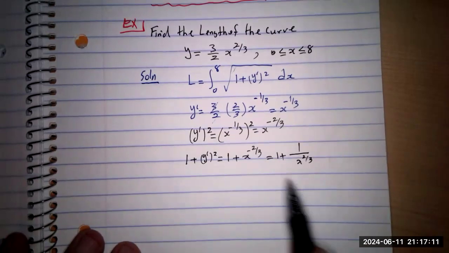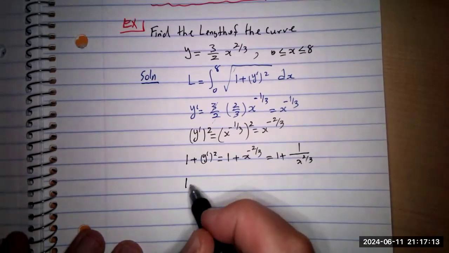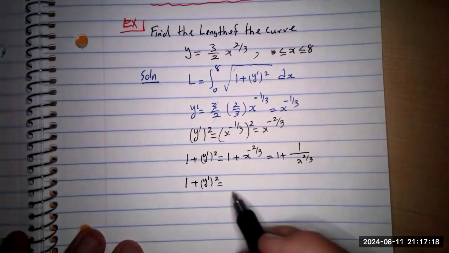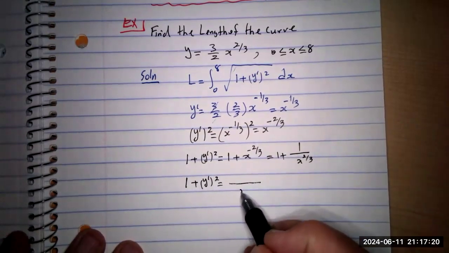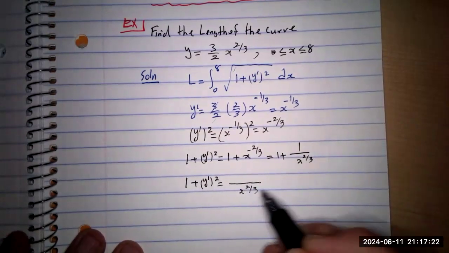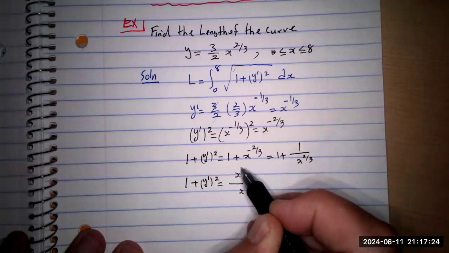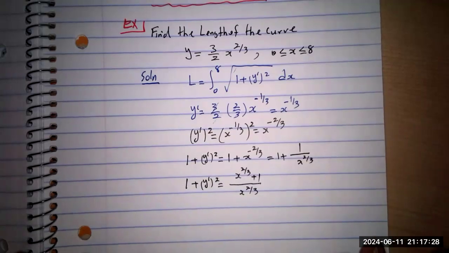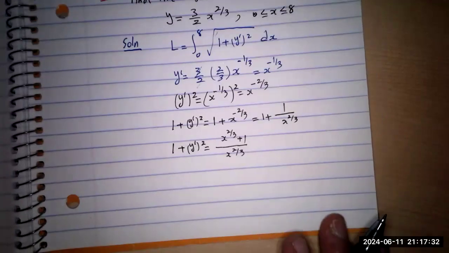Then I find the common denominator. So 1 plus y prime squared would be, the bottom one would be x to the 2/3, and the top one would be x to the 2/3 plus 1. That's the case. Now take the square root.